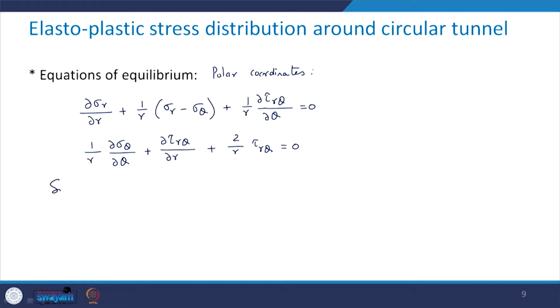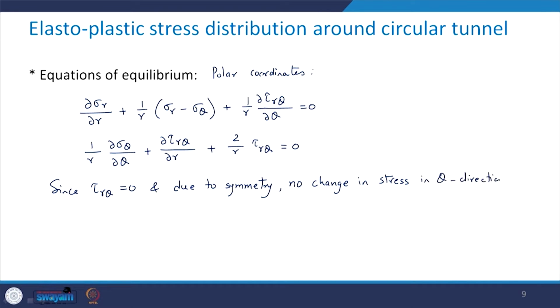Now, we have seen that since tau r theta is equal to 0 and due to symmetry, there is no change in the stress in the theta direction. So, this is going to give me del sigma theta by del theta equal to 0.